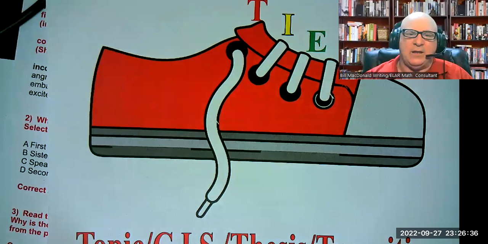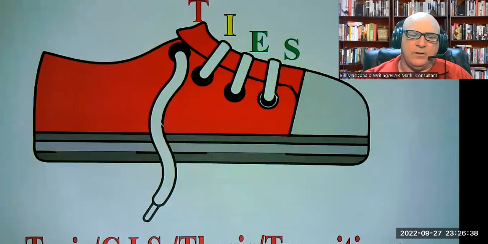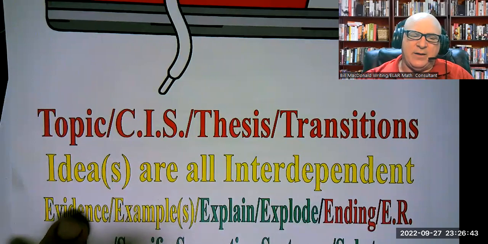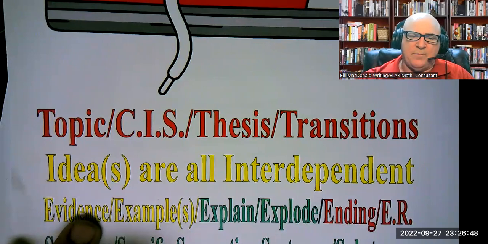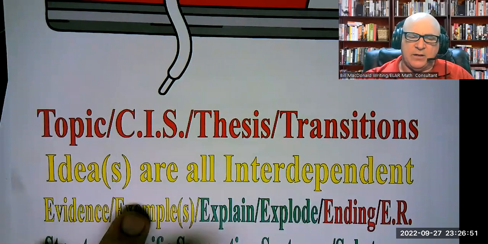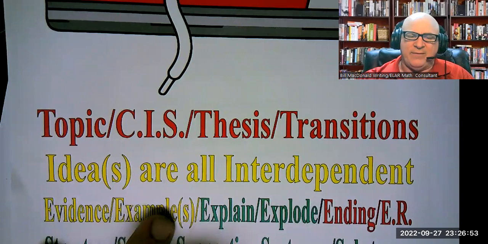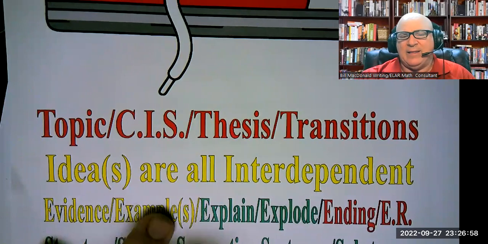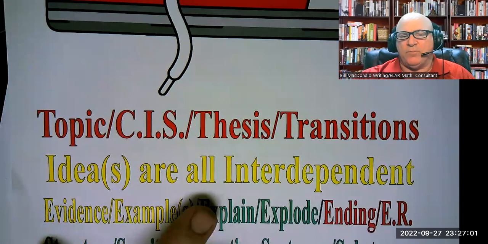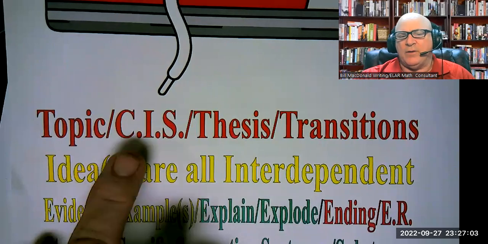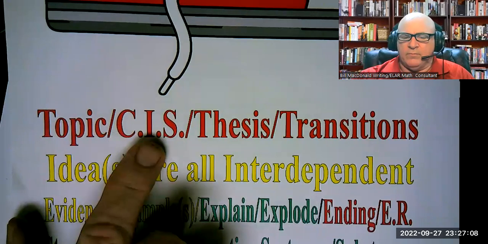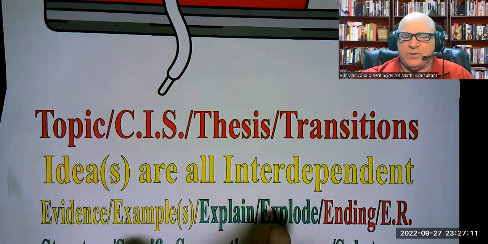What is the E? It turns it green. Okay. Well, it starts off in yellow. Decide based on all of the evidence, the entire poem, which example singular or examples plural of the evidence are going to be the ones that I can use to explain the idea that I've chosen to respond to the topic with my central idea, controlling idea, or thesis, so that I can explain it in the best way possible.